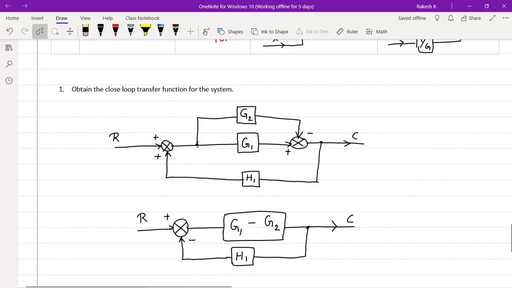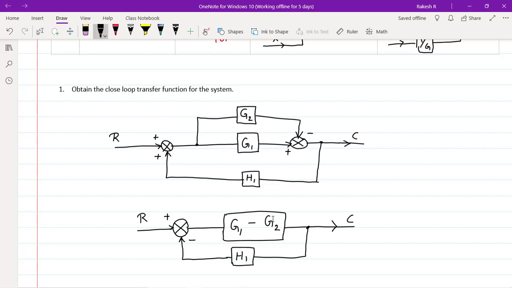Only when we have one takeoff point before the block and one summing point after the block can we say the blocks are in parallel. But in this case, we have the summing point first, the block next, and then the takeoff point. That means the signal is moving from R to C. So this becomes a minor feedback loop here.